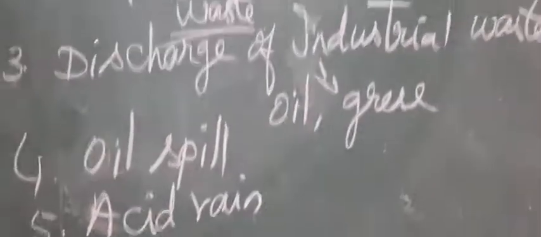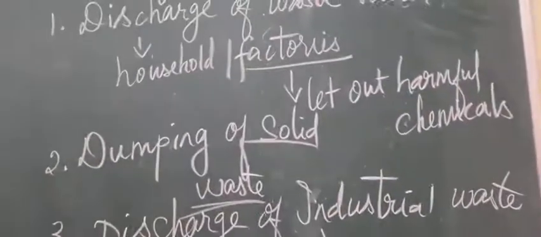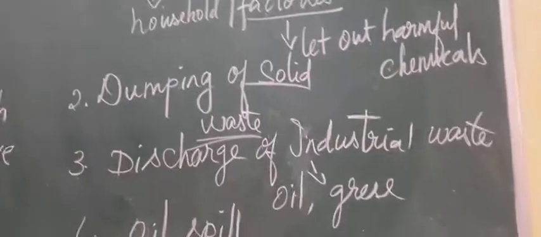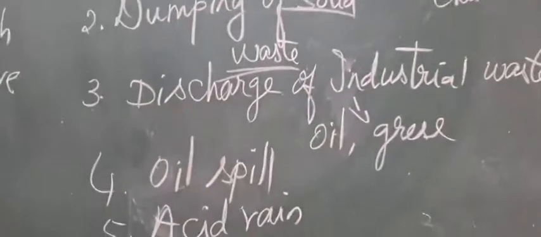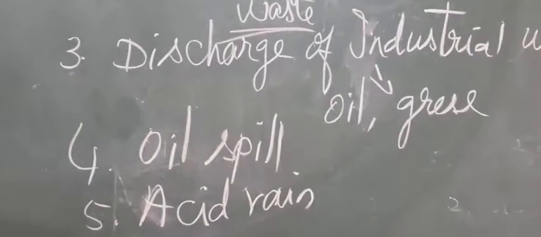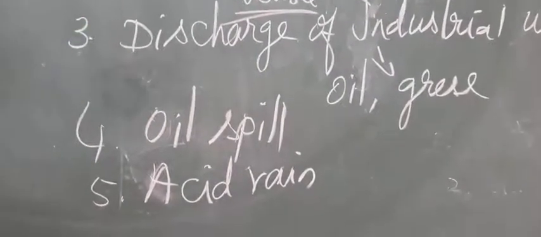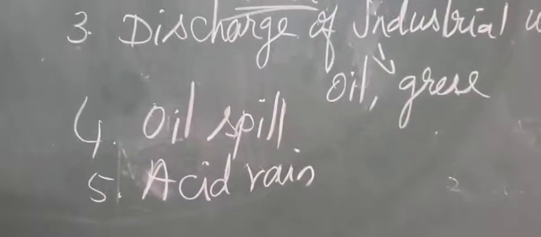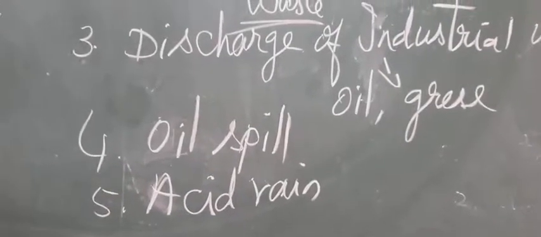Acid rain is the pollution of water caused by air pollution, isn't it? We studied acid rain in air pollution. Because of the air pollution, the polluted air goes to the clouds and the clouds become harmful, then it brings acid rain. So acid rain is the pollution of water caused by air. When the acidic particles caused by air pollution in the atmosphere mix with the clouds, make water vapor and fall down as acid rain, it's not good for human beings.